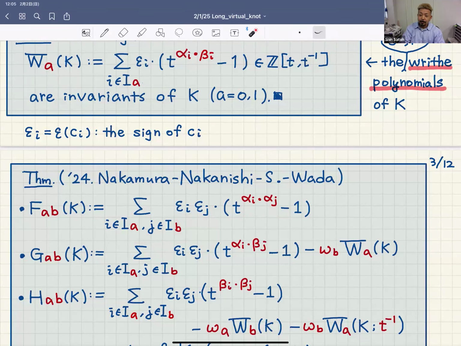Then we see that this polynomial FAB is an invariant of a long virtual knot K.